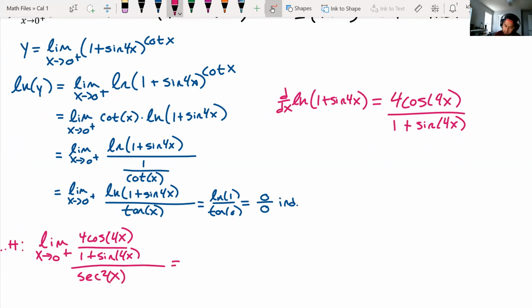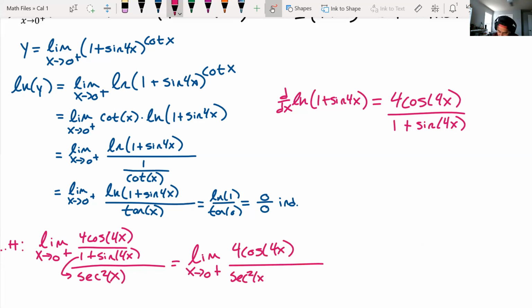Okay. And of course, some cleaning up to do. Our little fraction trick, this denominator is just going to come down here. So you'd have the limit as x approaches 0 from the right of 4 cosine 4x over, and I'm going to write this as secant squared x times 1 plus the sine of 4x.